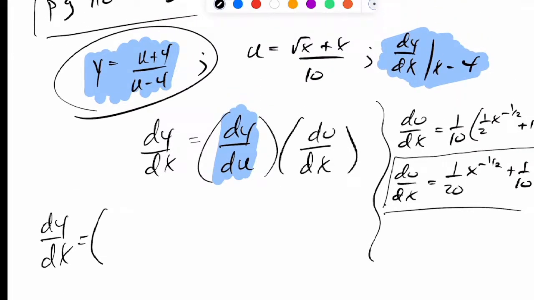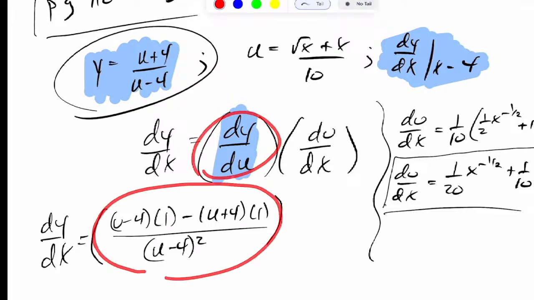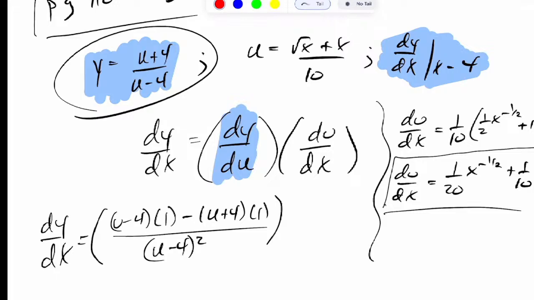So that means I'm going to have to do the quotient rule. So it's going to be the bottom times the derivative of the top minus the top times the derivative of the bottom over the bottom squared. So this right here, this is your derivative of y with respect to u, and then you're multiplying by this value here.